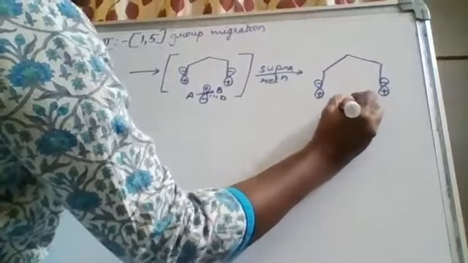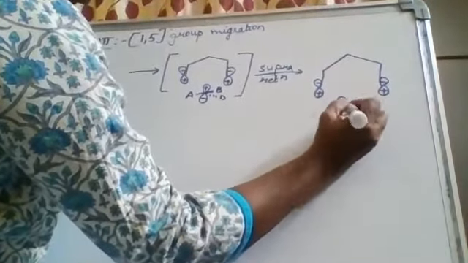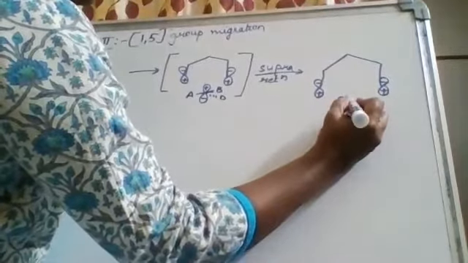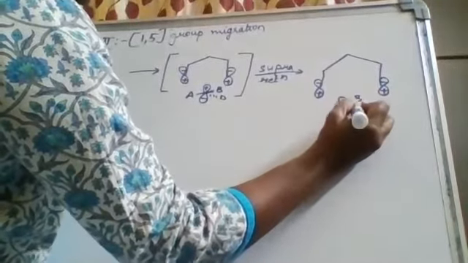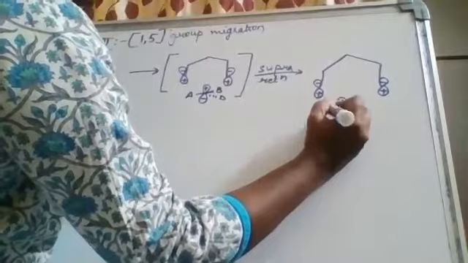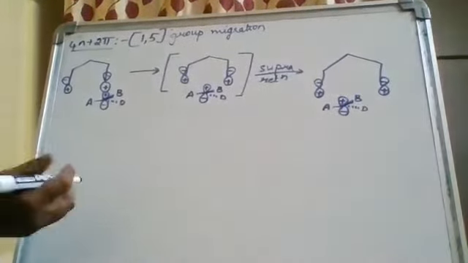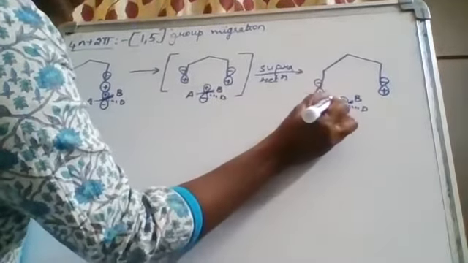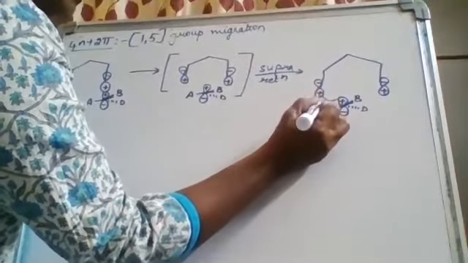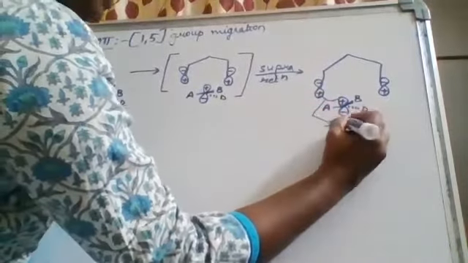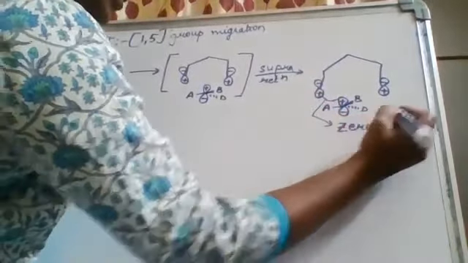A bonding interaction indicates the presence of zero nodes. An anti-bonding interaction indicates the presence of a node. Here I am going to get a bonding interaction. Since it is a bonding interaction, I will have zero nodes.